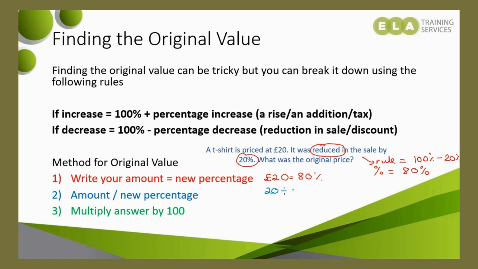So 20 divided by 80, which leaves you with a decimal of 0.25. And then your last step is to multiply your answer by 100. So 0.25 times by 100 tells you that the t-shirt was £25 before it was reduced. So work out your rule and follow your 3 steps for your method.